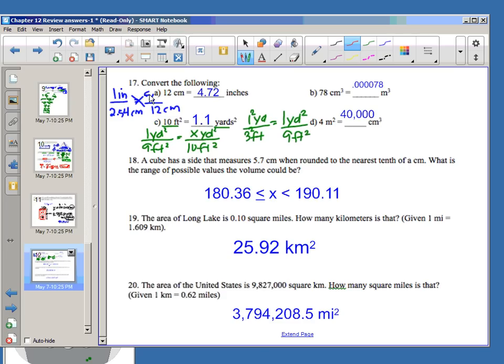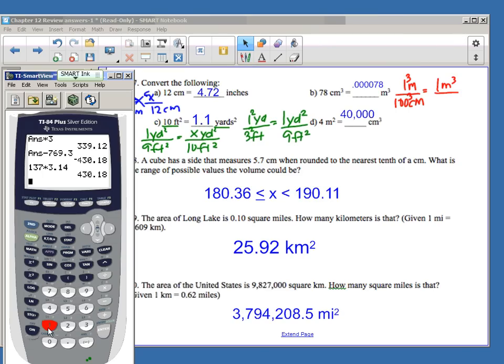Okay, letter B is going from centimeters cubed to meters cubed. You should say I have 1 meter and there are 100 centimeters. But I'm in cubes, so I need to cube it. So 1 meter cubed is 100 cubed centimeters, which is, I believe, 1 million.